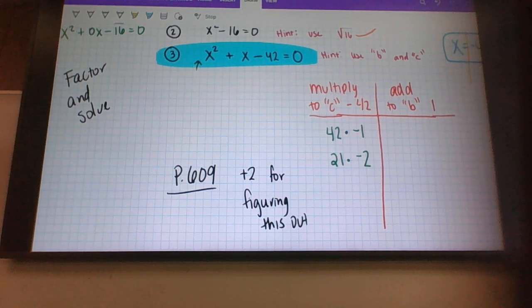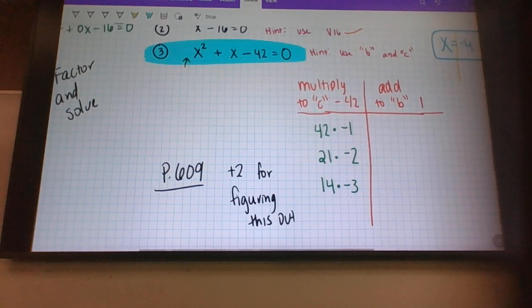What is it? 14. Does 42 divide by 4? Can anybody think of anything else that 42 will divide by? 42 does divide by 7. So now we add these options together.